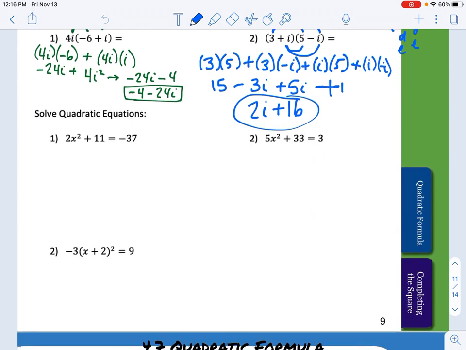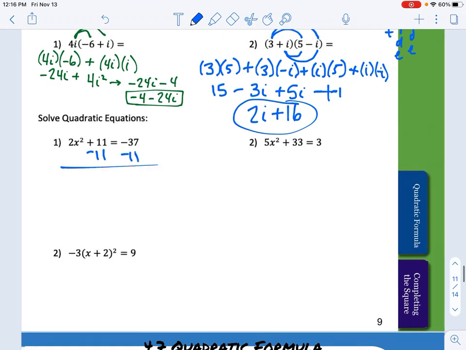So if we are going to solve these quadratic equations, they look like similar ones to yesterday's. Because there is no just x value, you can solve them as if they were linear by subtracting 11 on both sides. Go ahead and finish solving.